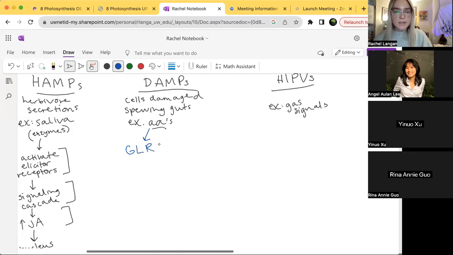And the glutamate-like receptor is on the plant membrane, and it's a channel that lets through calcium. And so that's going to cause an increase in calcium influx into the cell.